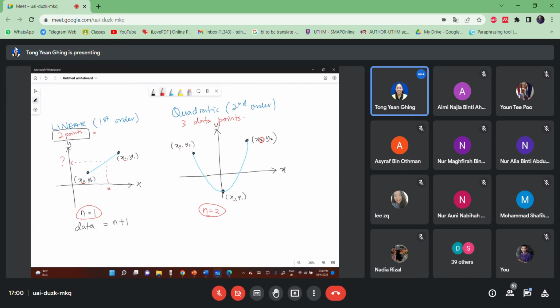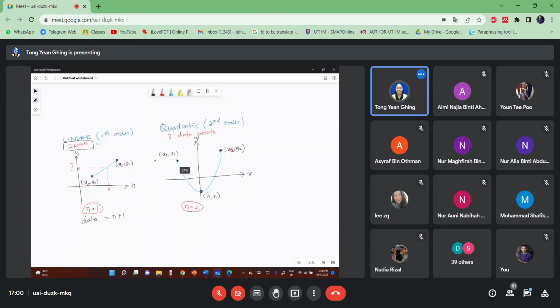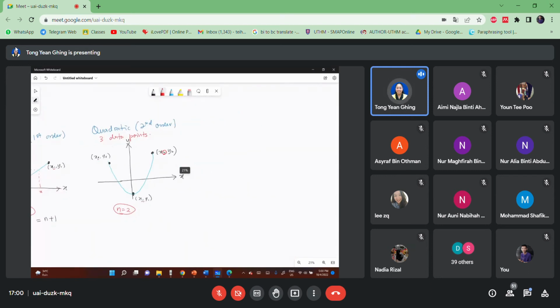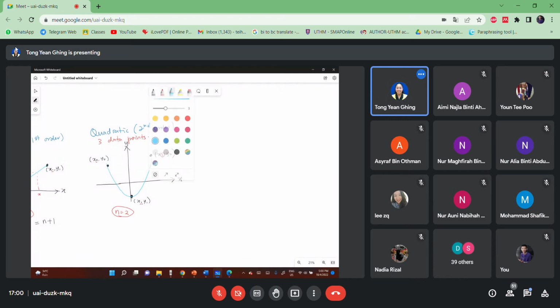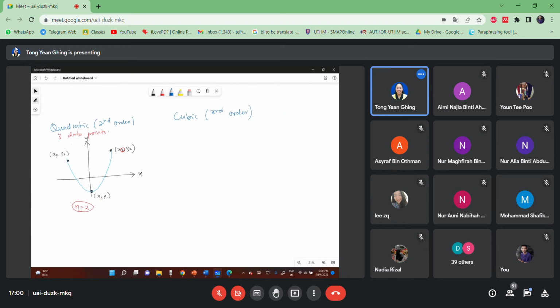If let's say this is second order, if let's say third order, cubic is third order polynomial. If cubic, say we have 1 point here, 1 point here, maybe 1 point here, and 1 point here. And then the graph is, let's see what you need.